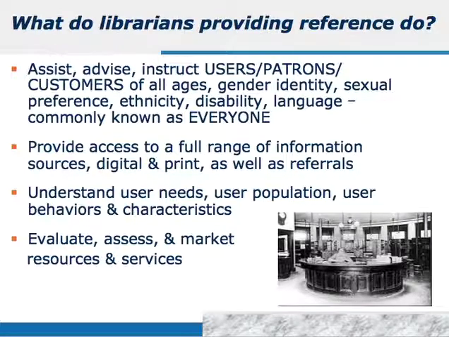So this means that we need to consider who our users are, and they will be different depending on what library we work for. It can be an academic research institution. It can be a 4-year teaching institution.